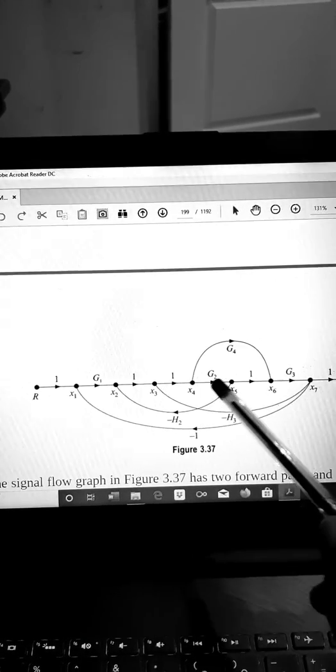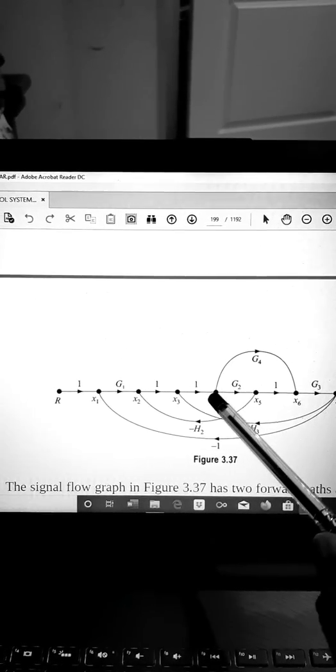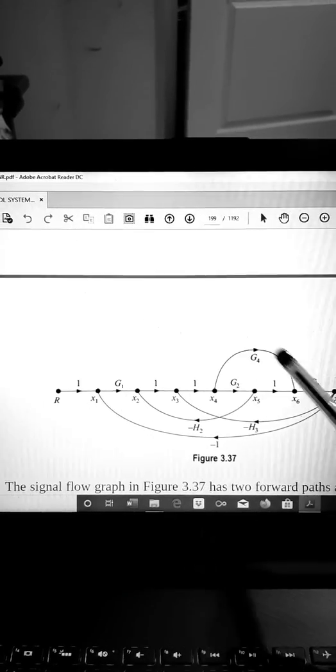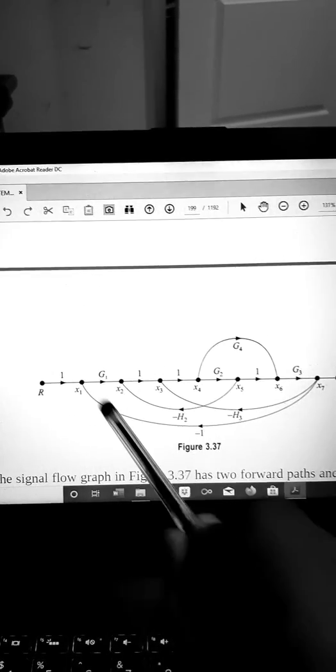One is like this, second is like this, third is like this, fourth is like this, and fifth is like this.